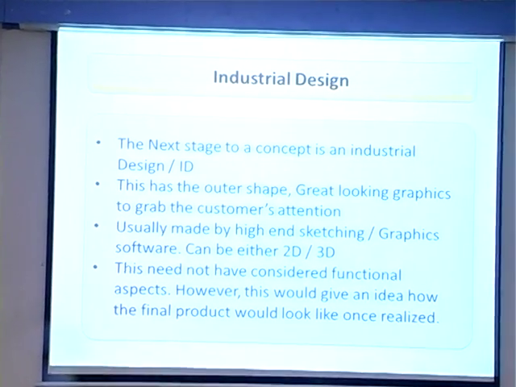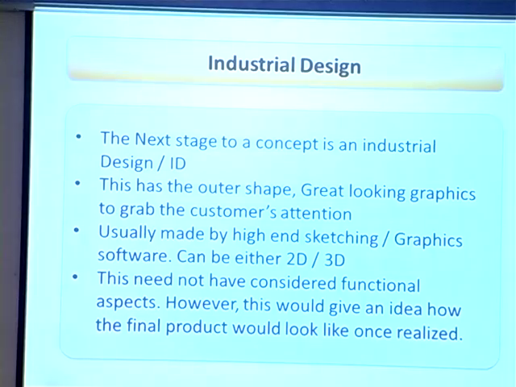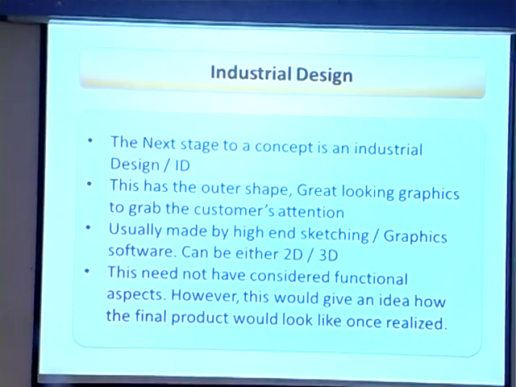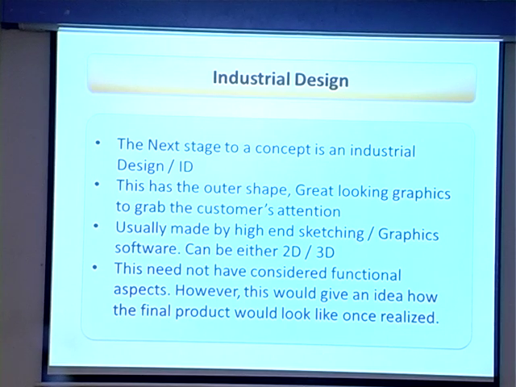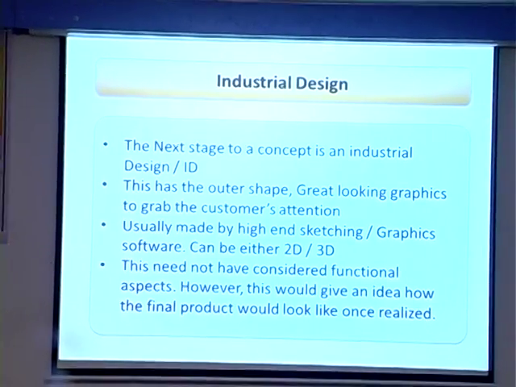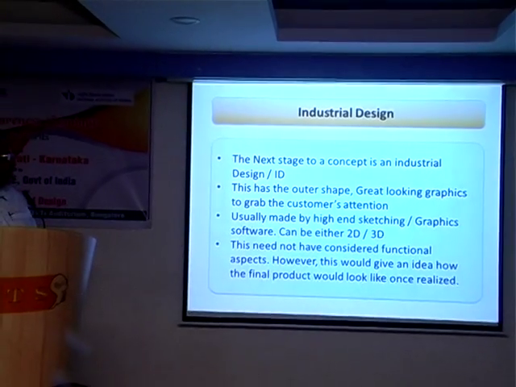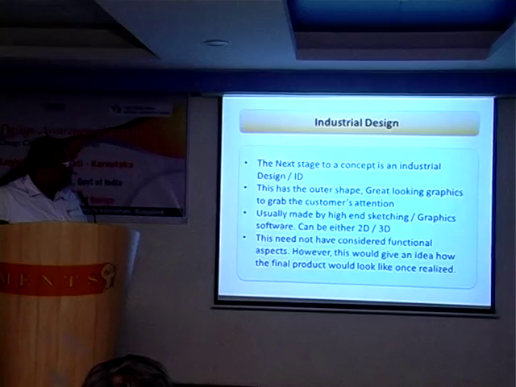The next stage to a concept is to make an industrial design. Industrial design can be a single conceptual design or multiple concepts taken into a visually appealing image. Good contours, great looking graphics to grab the customer's attention. It could be made in such a way that we use graphic software.